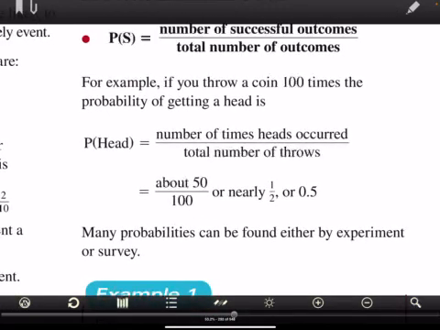So, if I have a regular die, which has 6 sides, and I play with Anthony, and you need a 6 to get out of home, what is your probability of throwing a 6?